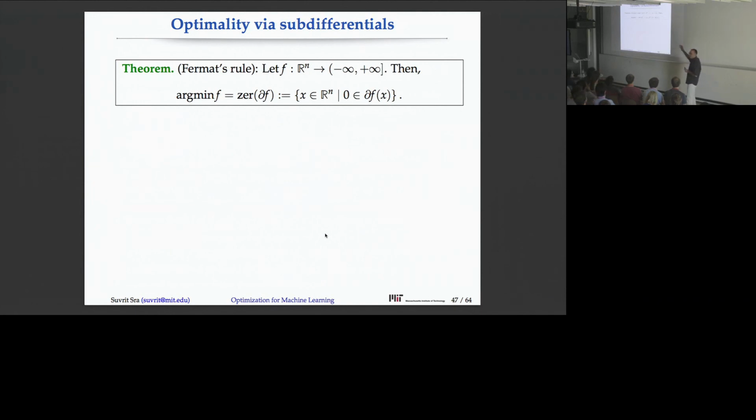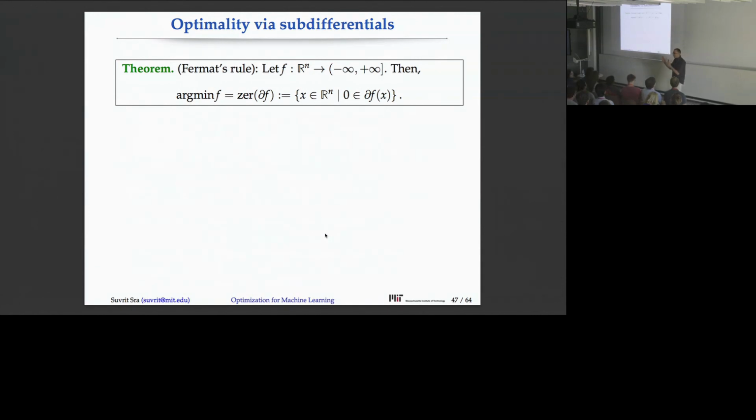The following definition, which I attribute to P. F. Fermat, because even though he didn't have subdifferentials back in the 1600s, it's essentially called his rule. So if f is some convex function, then the set of minima of f is the set of all the vectors in X where 0 lies in the subdifferential.